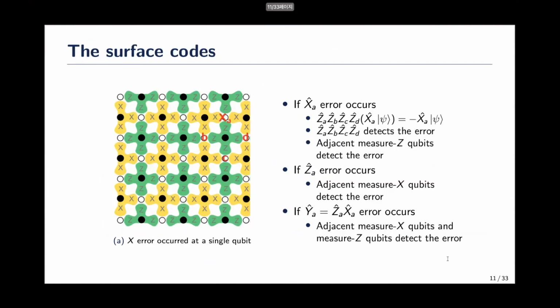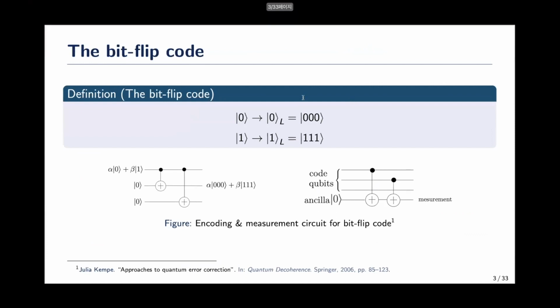For example, this distance is 3, and distance 3 means a product of 3 Pauli errors changes the logical state from 0 to 1.